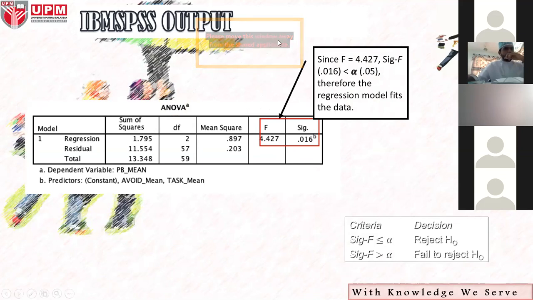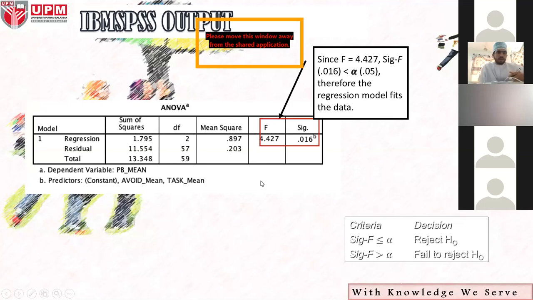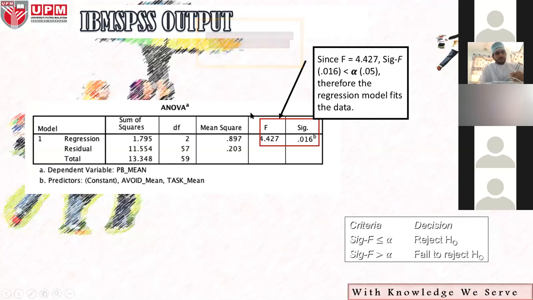So based on this value, we can say that at least one of our IVs significantly influences the DV, based on this model.